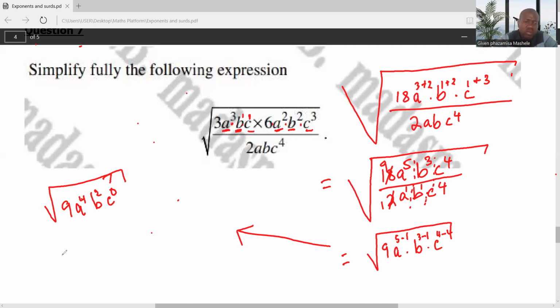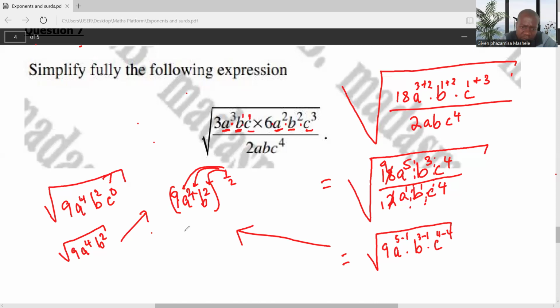So this will remain with 9, a to the exponent of 4, b to the power of 2. Then we get rid of the radical sign. This will be 9a to the power of 4, b to the power of 2, everything to the power of half.